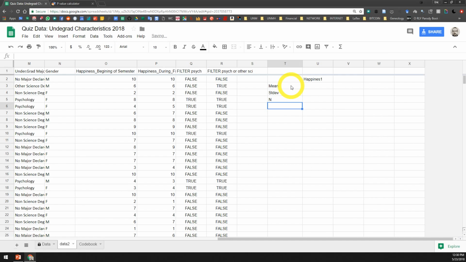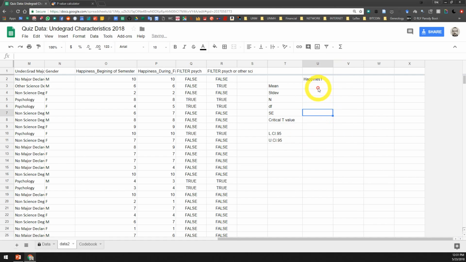We're also going to need to calculate the degrees of freedom, and then we're going to calculate the standard error, and then we're going to get a critical T value. And then this is all the information that we're going to need to calculate our confidence interval. So then we'll type in our lower CI, and we're going to do a 95% one, and then we'll type upper CI, and we'll do a 95%.